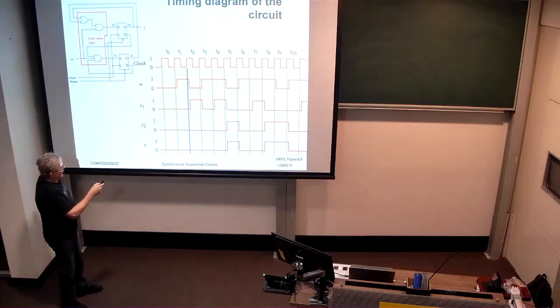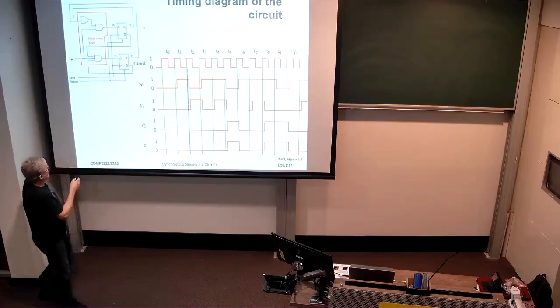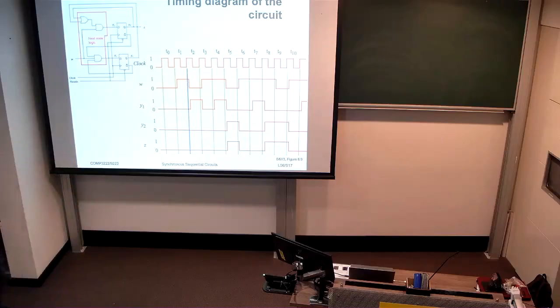But given that we get a rising clock edge when W is 1, that forces the output of the lower flip-flop to 1. So we're now in that state 0, 1.